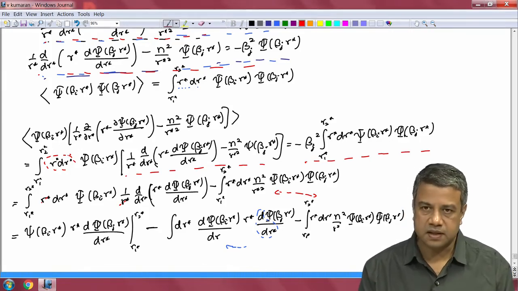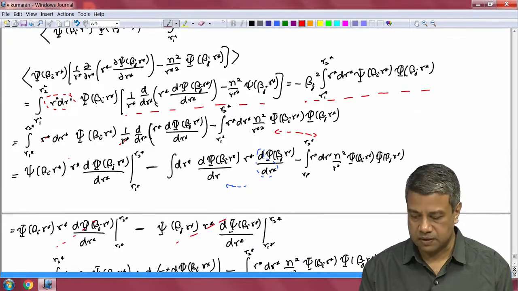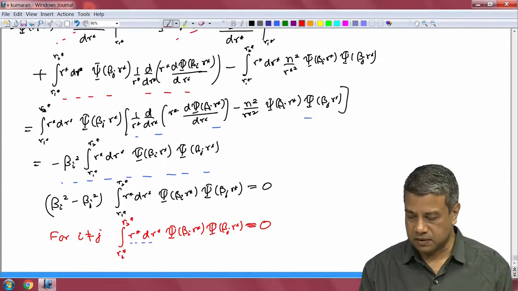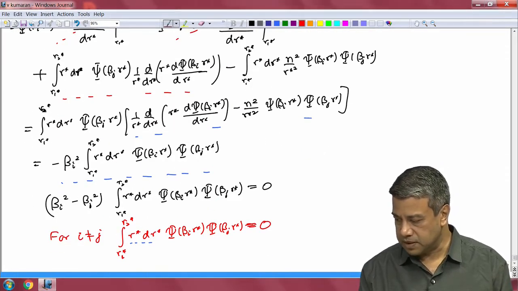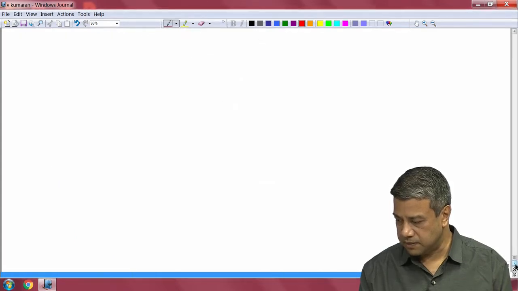If i is equal to j, of course, one has to evaluate what that integral is. So, this orthogonality relation can always be used in order to determine the solution by separation of variables.